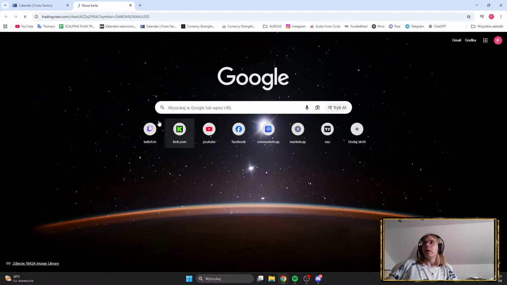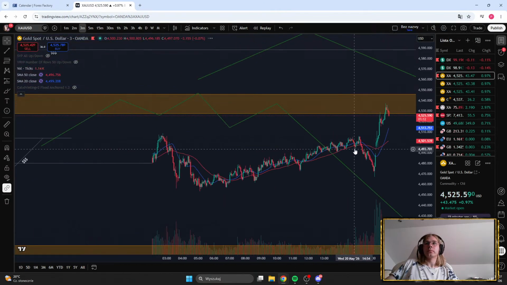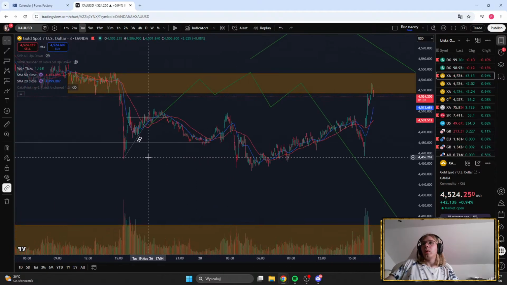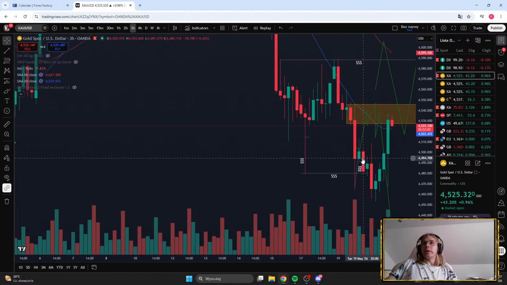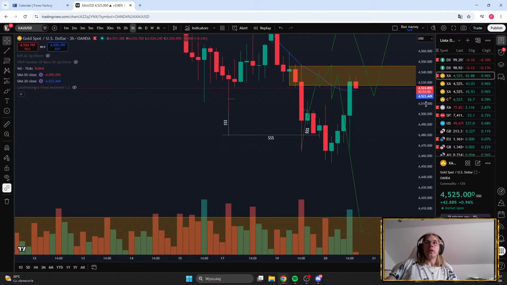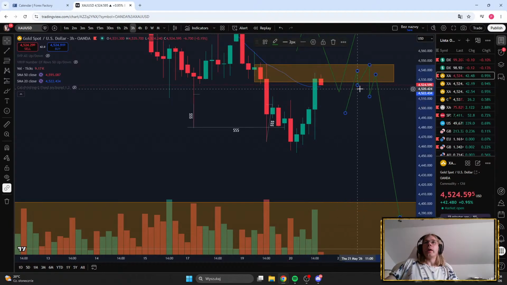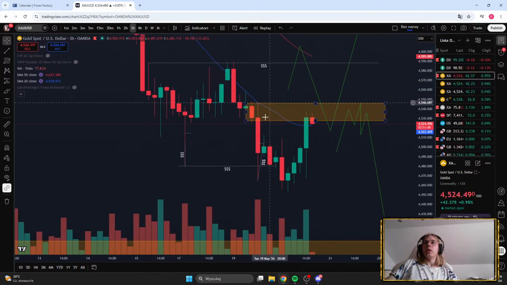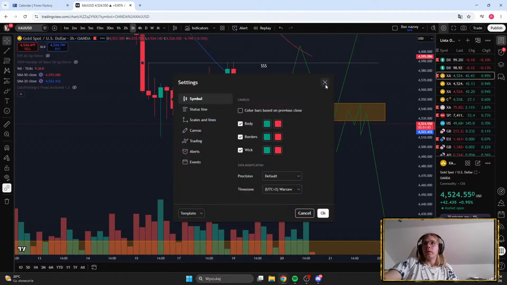Let's see what happened on gold. After yesterday, I'm just not trading gold. We have break of structure here on 4 hour, break of structure here. Price gets to our zone just now. Let me remove all the liquidity stuff.